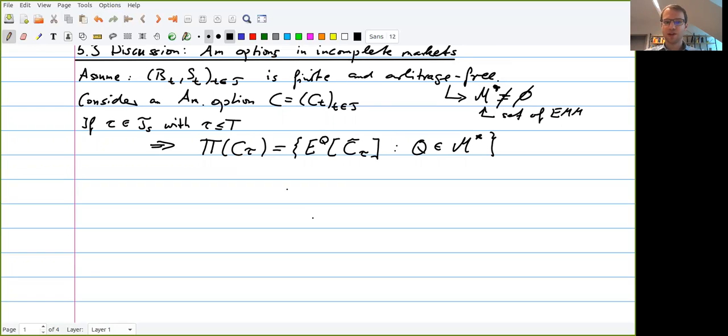In European options, we understood entirely how to price and hedge, and super-hedge, in an incomplete market. So now we basically want to develop a very analogous theory in the case of American options in an incomplete market.